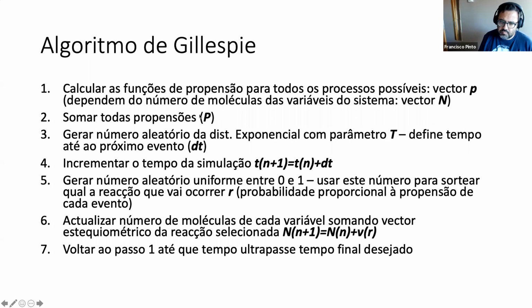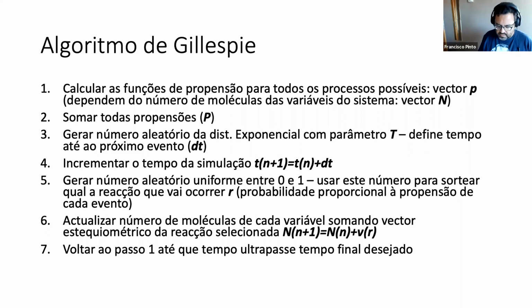Having this major propensity value, this propensity value is the probability that one of the events in the system will occur in the next time unit.